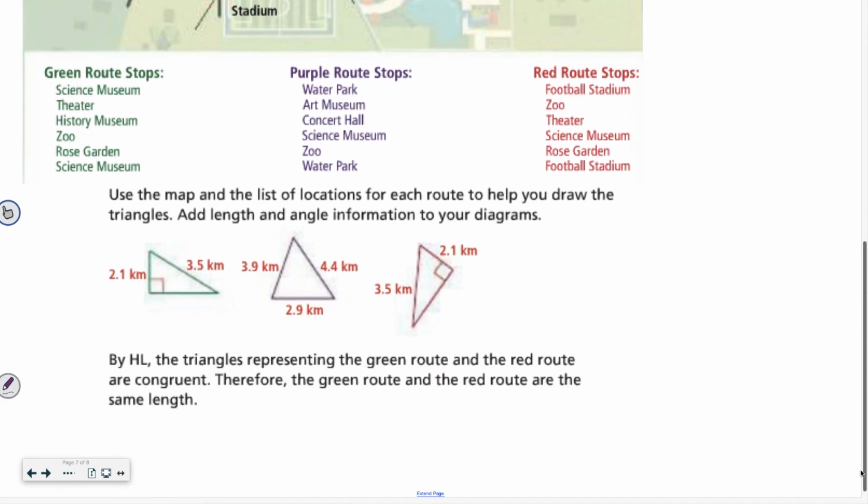And if we look at those and we compare the different triangles, I can see that the green route and the red route have congruent legs and congruent hypotenuses. Therefore, those 2 routes are the same length because those 2 triangles are congruent by the hypotenuse leg theorem.